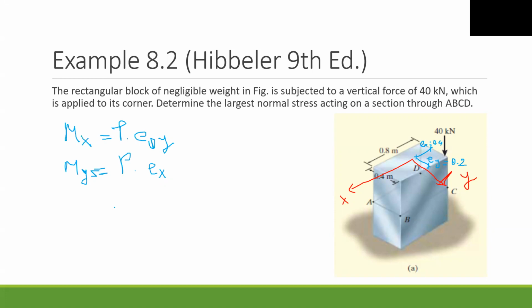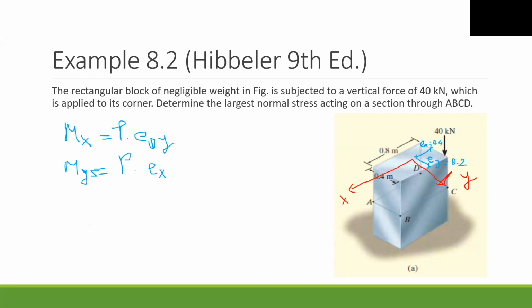You can memorize this formulation or you can use the right hand rule. When you use the right hand rule, four fingers show the moment direction, and your thumb shows the direction of the moment vector.